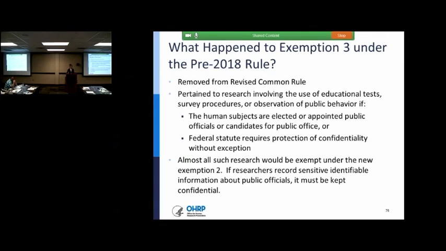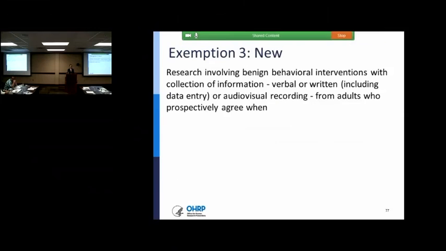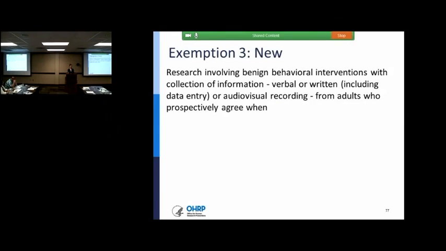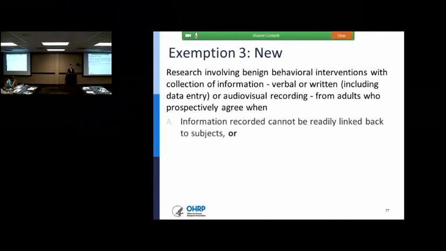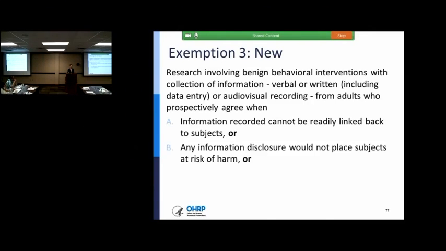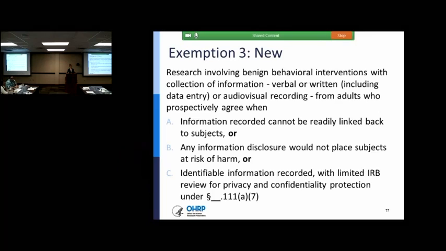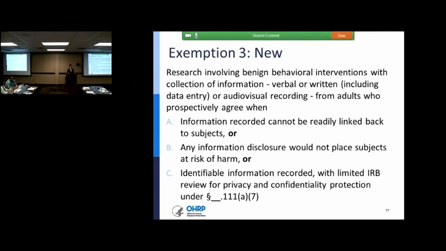So the new exemption 3 is research involving benign behavioral interventions with the collection of information, verbal or written, including data entry or audiovisual recording, from adults who prospectively agree, when the information recorded cannot be readily linked back to the subjects, any disclosure would not place the subjects at risk of harm, or the identifiable information that's recorded, or the plans for recording this information and protecting confidentiality, are reviewed by an IRB under limited IRB review.